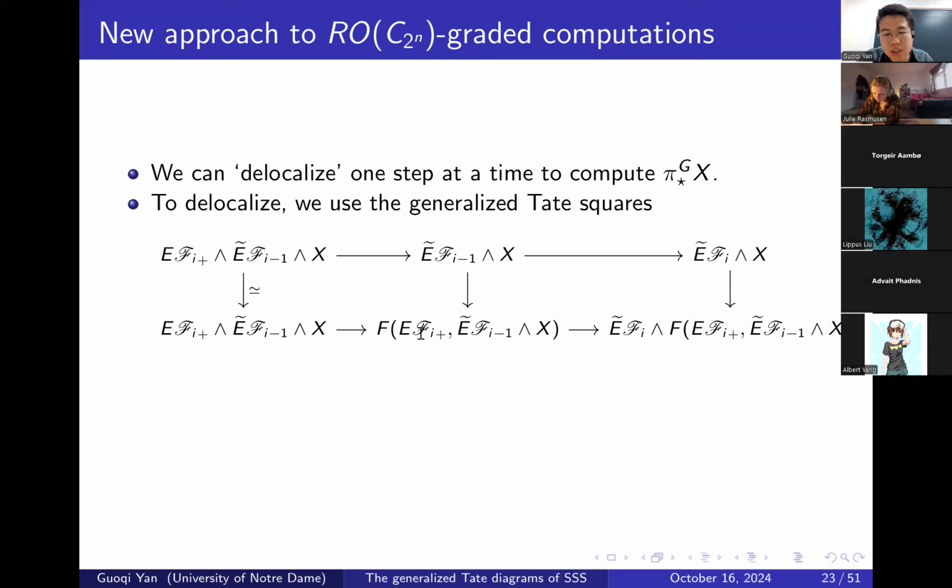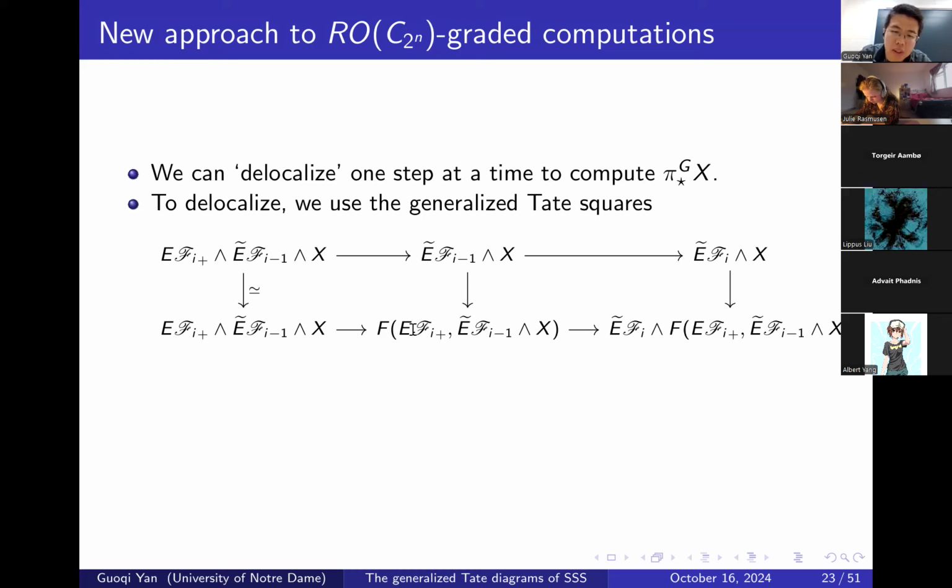For example, in the case of EG, this universal space has only three cells, so it only depends on the underlying homotopy type. But in general, EF_i can be decomposed into cells with smaller groups. And so by induction on the group order, we can also get a spectral sequence to compute this part.